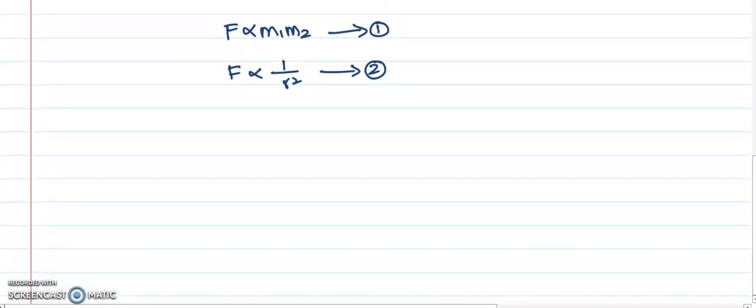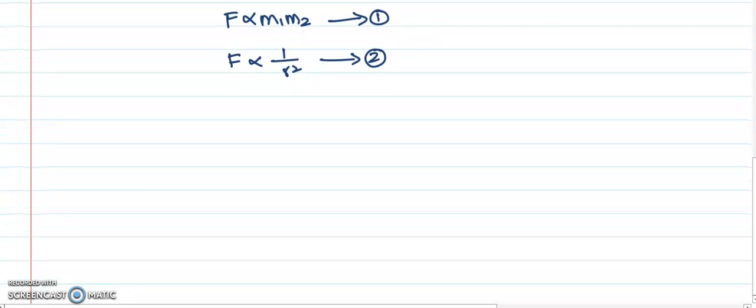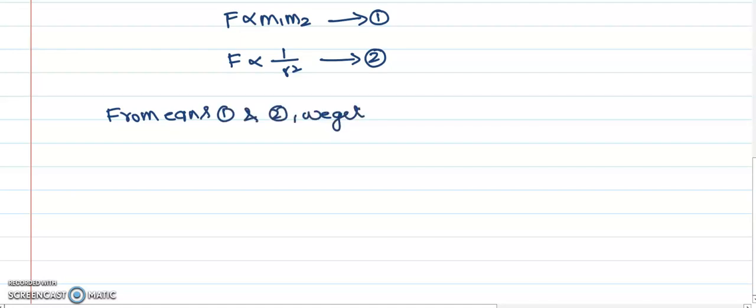From equations 1 and 2 we get F is proportional to m1 m2 by r square. Therefore, F is equal to G into m1 m2 by r square.